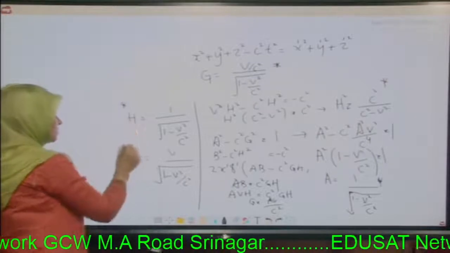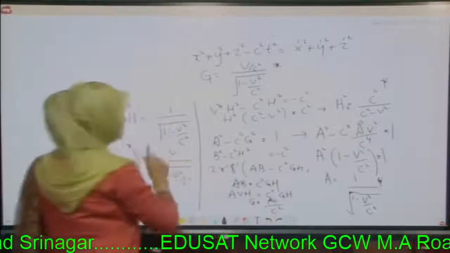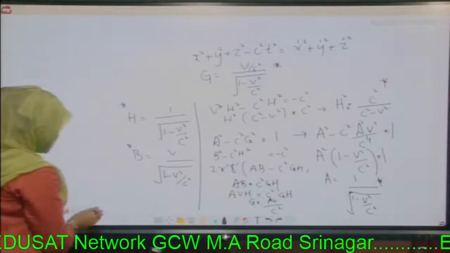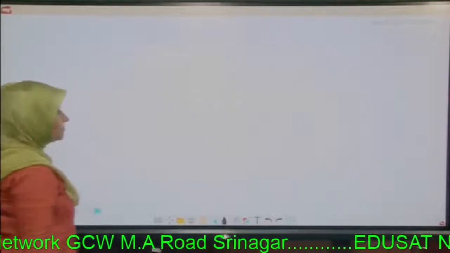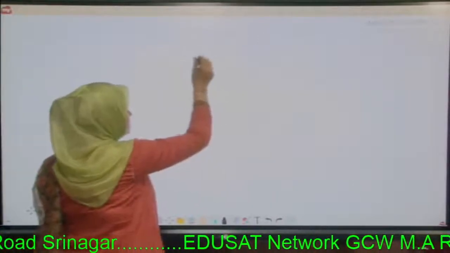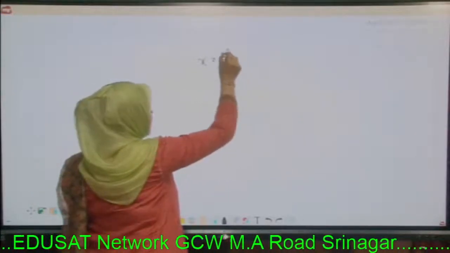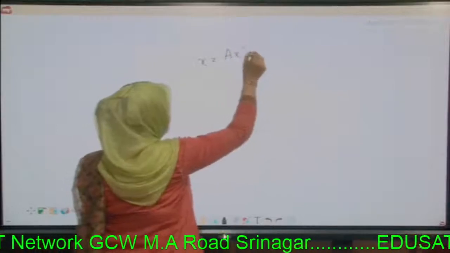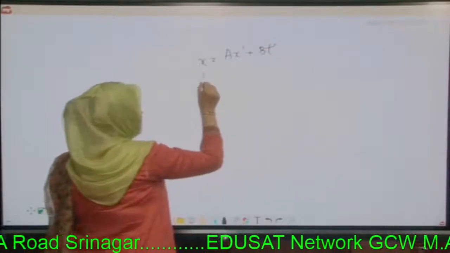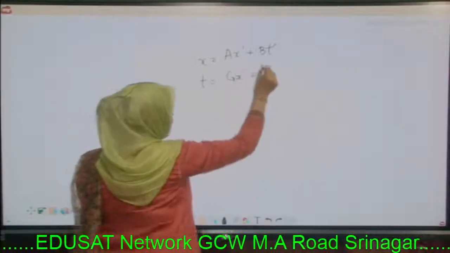So we have obtained the 4 constants that we had assumed: 1, 2, 3 and 4. Next, what you will do is substitute all these 4 constants in the basic equations that we had assumed, and those equations were x is equal to ax prime plus bt prime, and t is equal to gx prime plus ht prime.